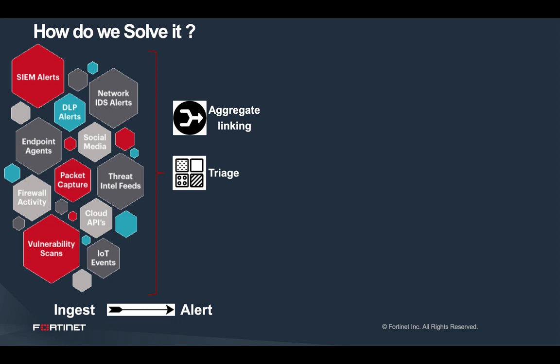It will look at the data. It will aggregate certain events that are linked to a specific incident. You might have multiple alerts that are generated over a period of time, but they could be linked to one campaign, for example, or one specific targeted attack. So this is where FortiSOAR looks into those and aggregates them together. It will do the triage.